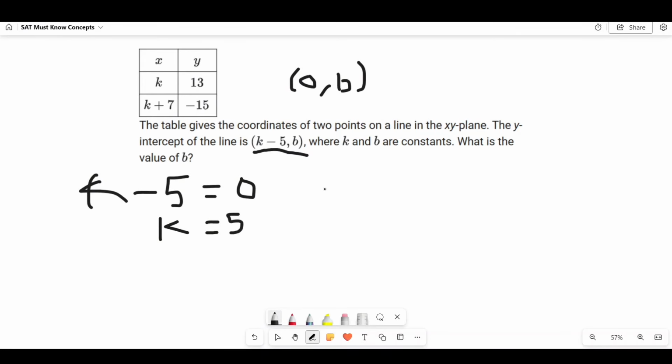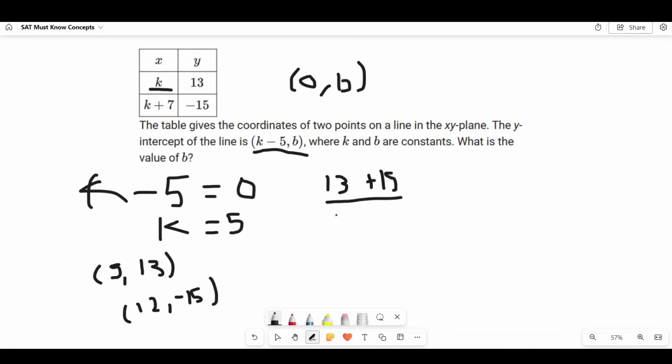Now that we know the k value, we have the points 5, 13 and 12, negative 15. Using that information, we can easily solve for the slope by using the y2 minus y1 over x2 minus x1 method. And we get negative 4 as our slope.